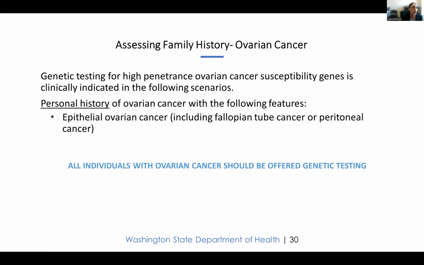So those, in addition to ovarian cancer, anybody, regardless of age at diagnosis, regardless of family history, any individual with ovarian cancer should be offered genetic testing. I know that in my practice, I'm seeing many people who were diagnosed with ovarian cancer decades ago that are now being referred for genetic testing, and that is an NCCN recommendation.